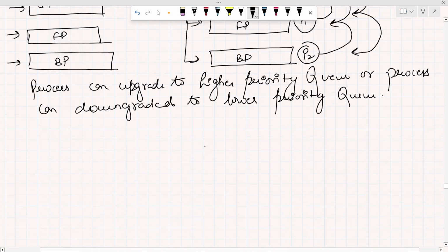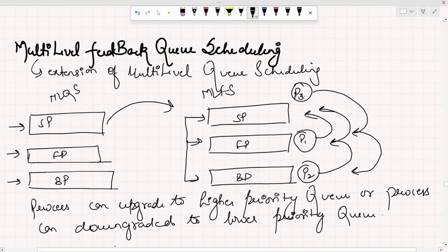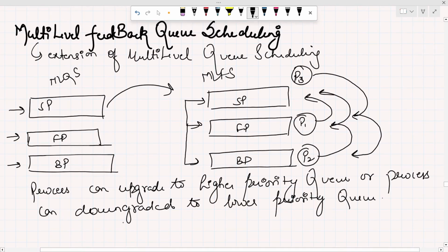Numericals on this particular topic do not occur in the GATE examination or in college exams. This is the main idea of multi-level feedback scheduling: the question is whether processes are shifted between queues or not.